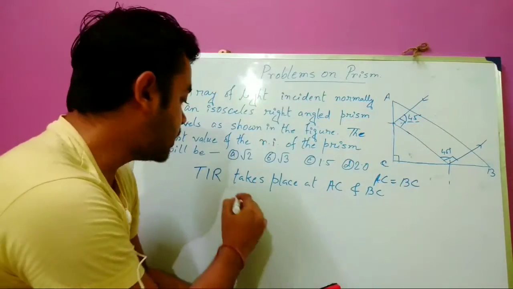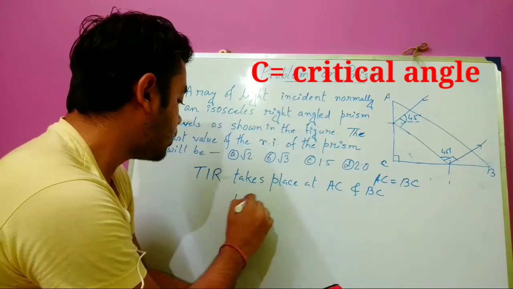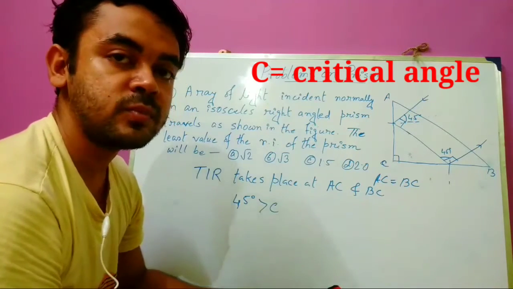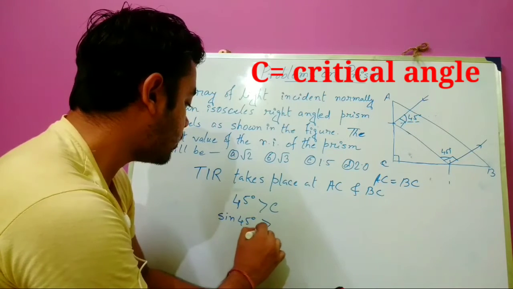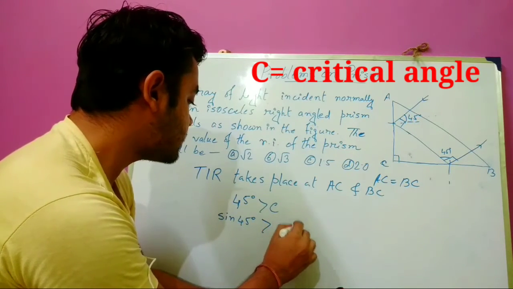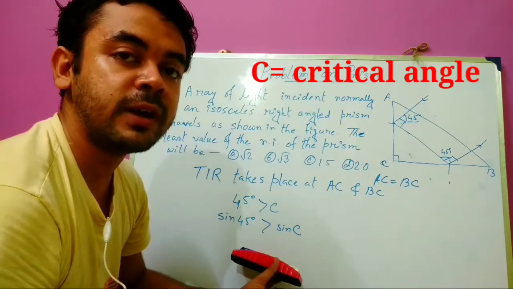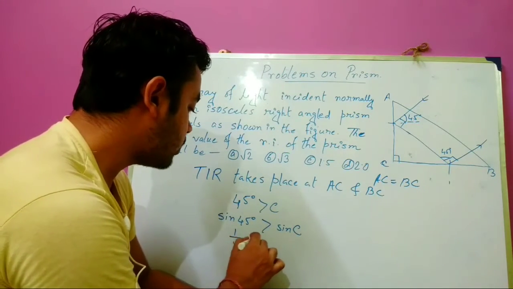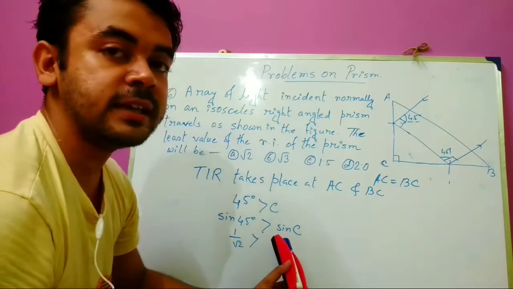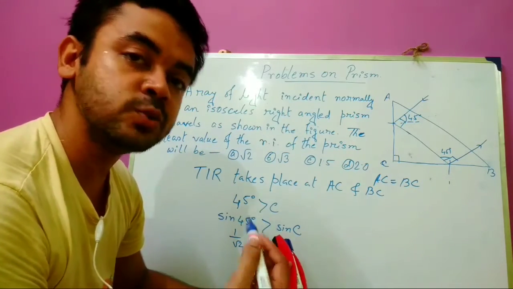So in this case, we know 45 degree will be greater than C, or sine 45 degree will be greater than sine C. Now the value of sine 45 degree is 1 by root 2. So 1 by root 2 will be greater than sine C. Actually the value of sine C is 1 by mu.